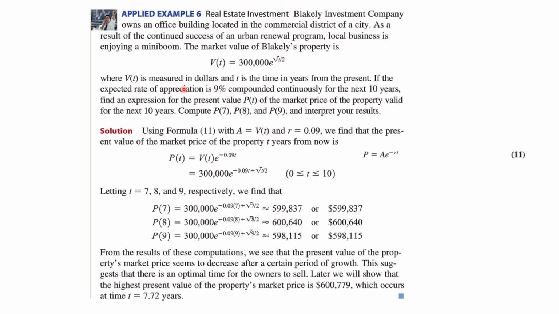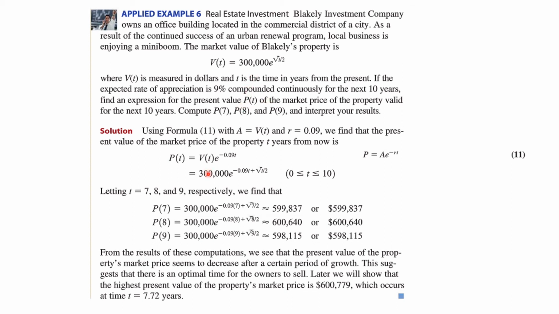That is in dollars, and t is the time in years from the present. If the expected rate of appreciation is 9% compounded continuously for the next 10 years, find an expression for the present value of the market price of the property valid for the next 10 years, and compute this for a few values.